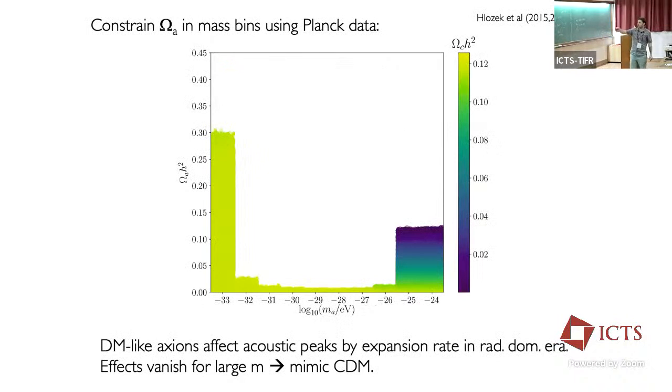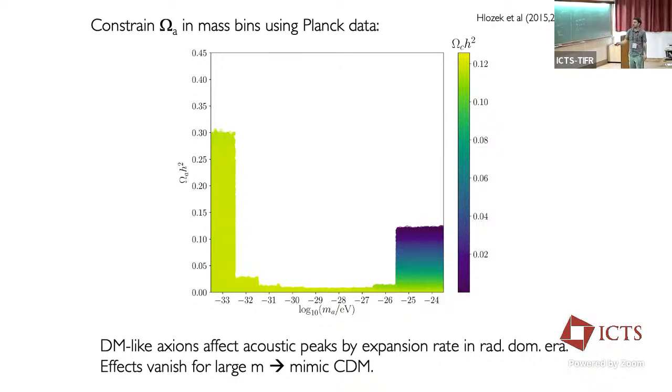So now I can make a plot of log of the particle mass versus energy density omega_a h squared, where 0.12 here is the dark matter relic density. And these are now points from a Markov chain Monte Carlo in different mass bins.